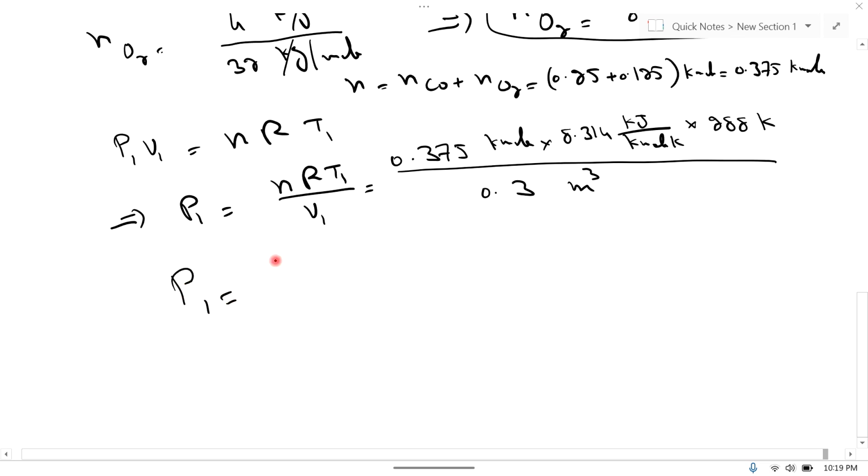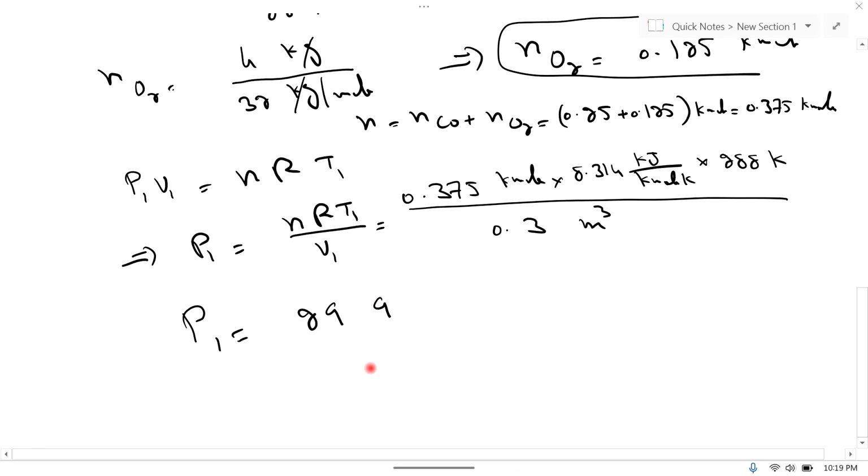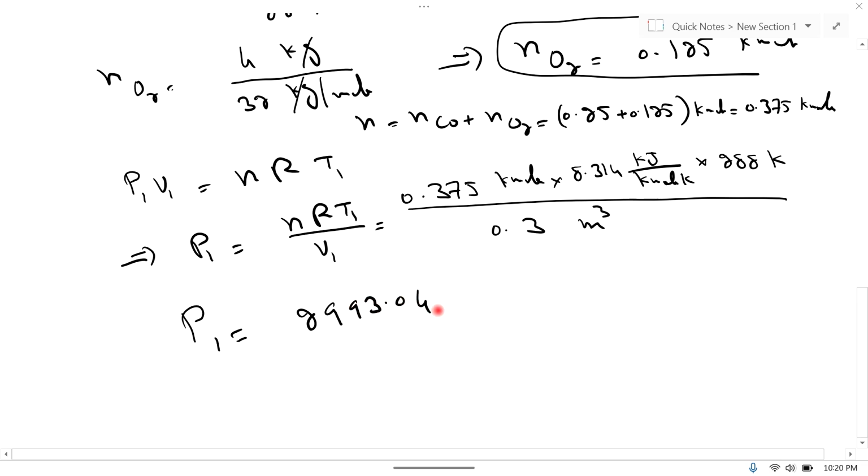So multiply these values, 0.375 multiplied by 8.314 multiplied by 288 and divide by 0.3, which is equal to 2993.04, and calculate the unit.